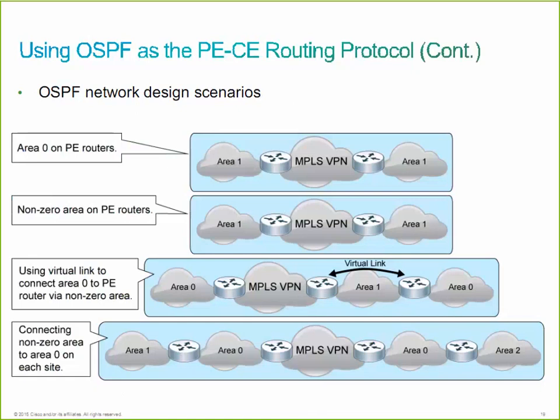But it acts as an area, and the PE routers themselves act as ABRs to that area, since by default, those PE routers are going to advertise type 3 LSAs to the CE routers. So it's an interesting concept because you don't necessarily usually think of the MPLS VPN backbone acting as an area, but in this case, it actually is.